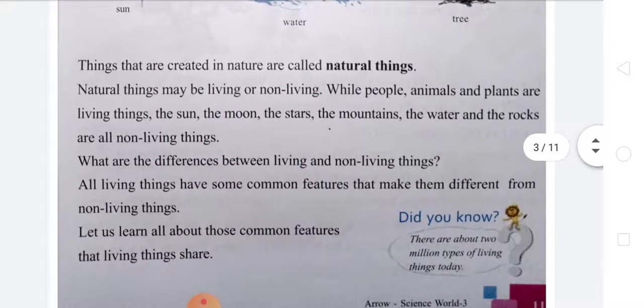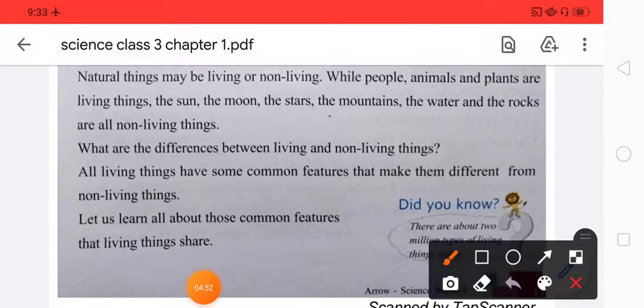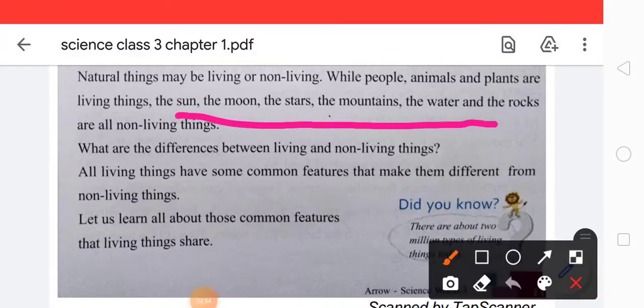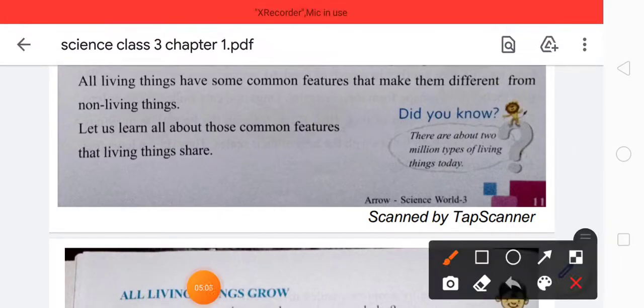Natural things may be living or non-living. People, animals, plants are living things, but sun, moon, star, mountains, water, and rocks are non-living things. What is the difference between non-living and living things? I already told you.